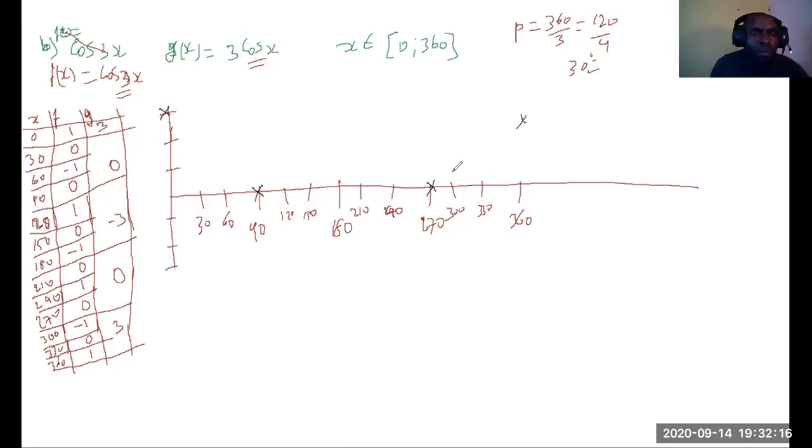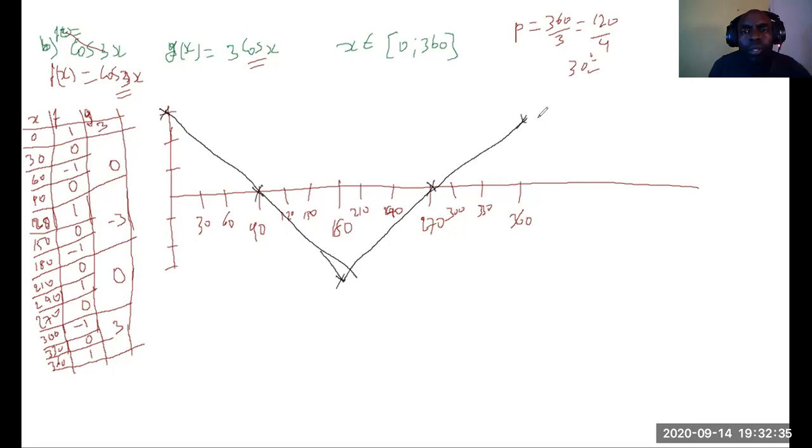I have got a minimum at 180. Yes. So I would come down, hit this, and then go up and hit that.